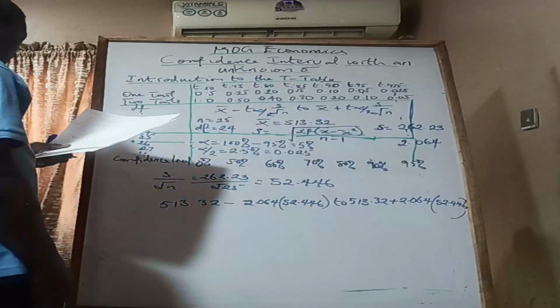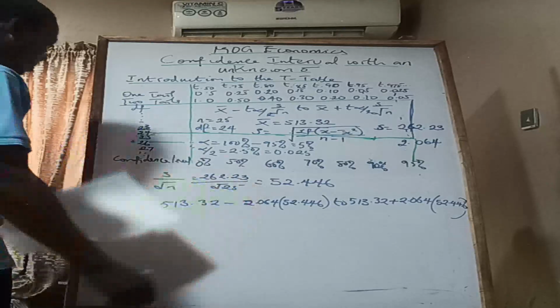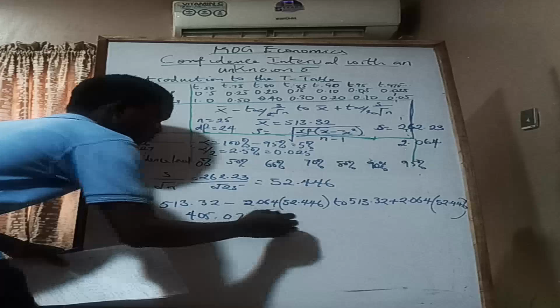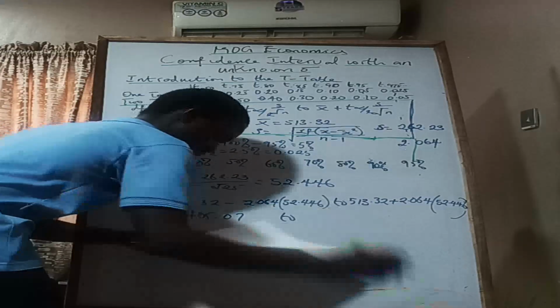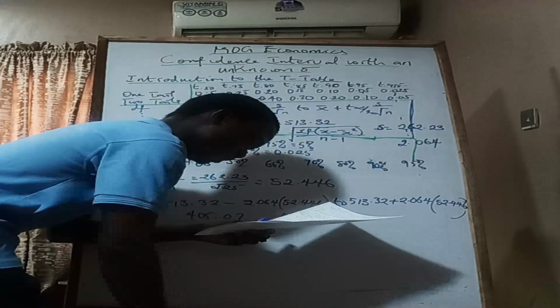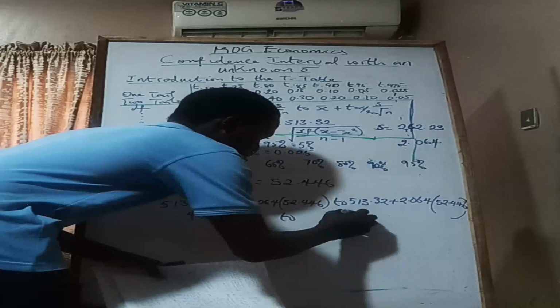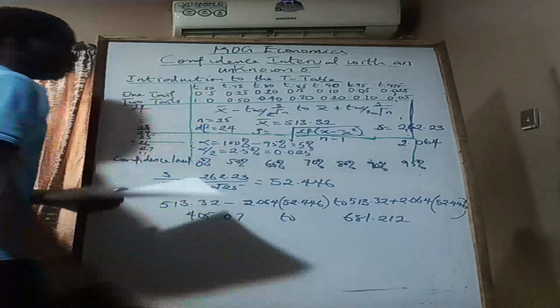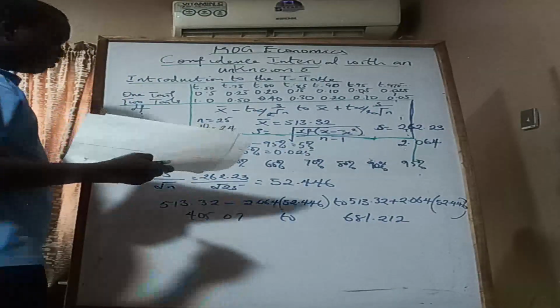So solving this, we have 405.07 to 618.212. Okay, so remember that these values are in thousands of naira.